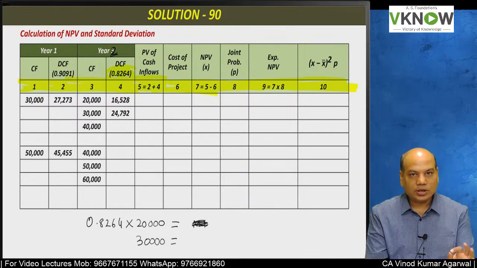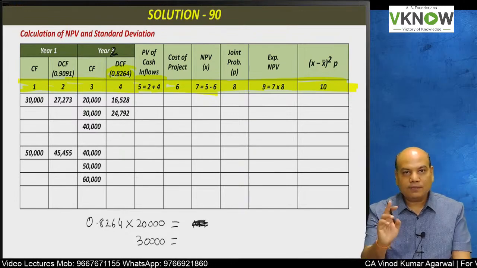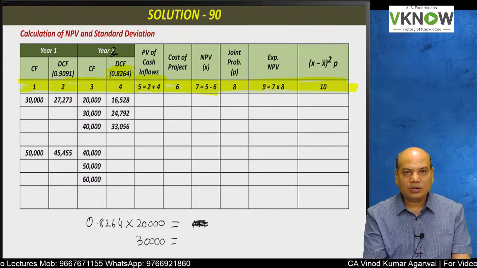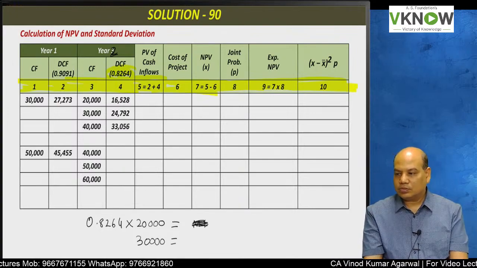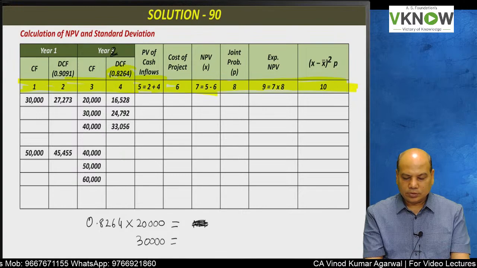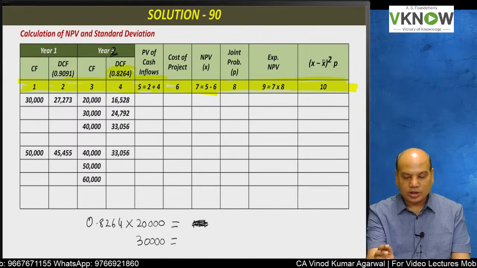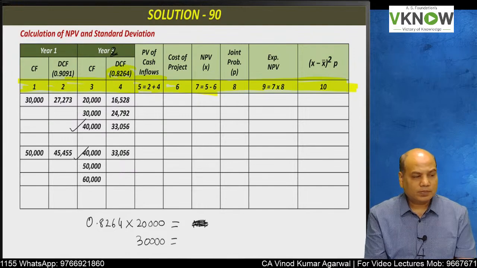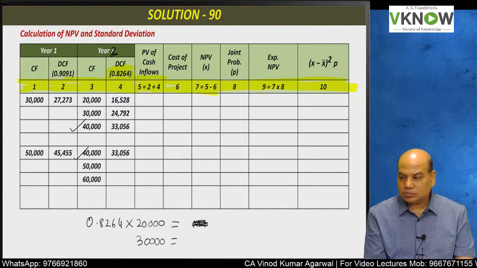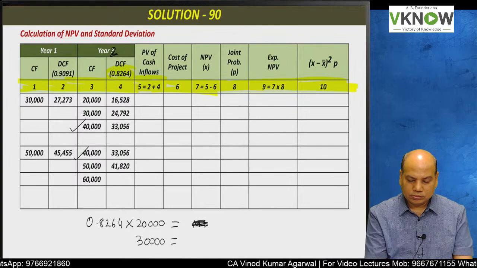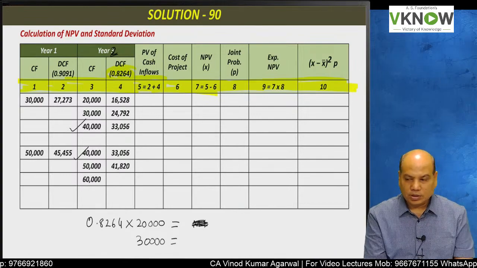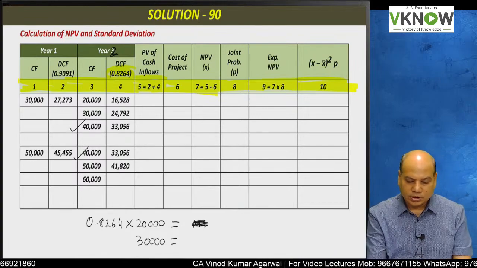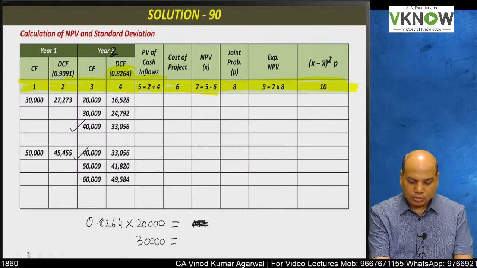That is the shortcut trick on the calculator. Type 40,000, press equal to, 33056. Now type 50,000, press equal to, 41,820. Continue. 60,000, press equal to, 49,584.